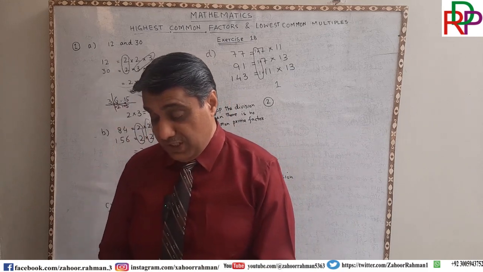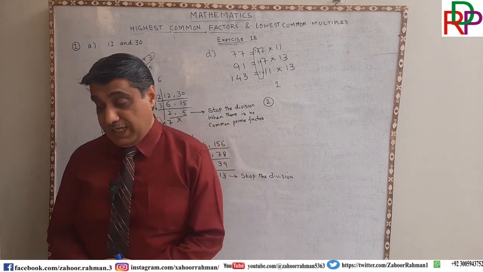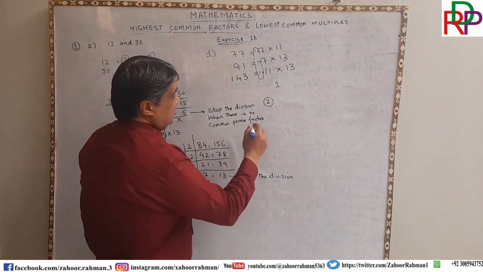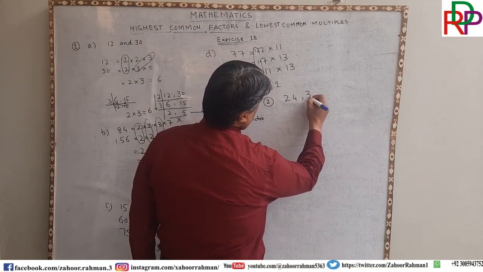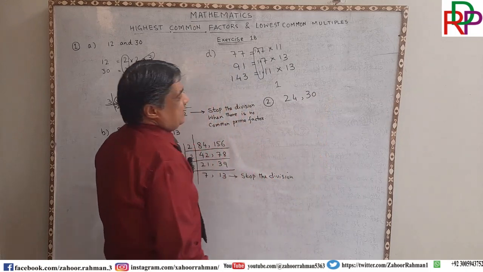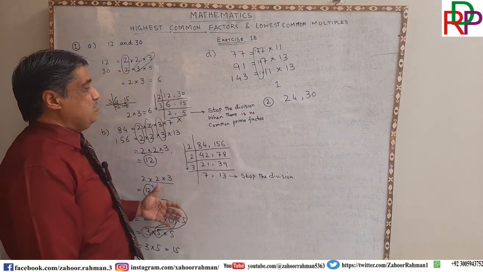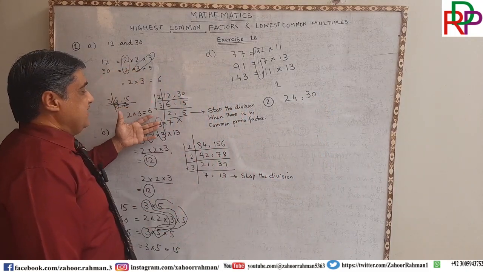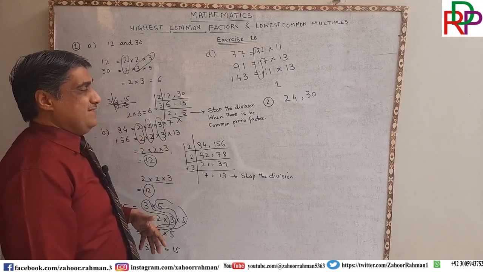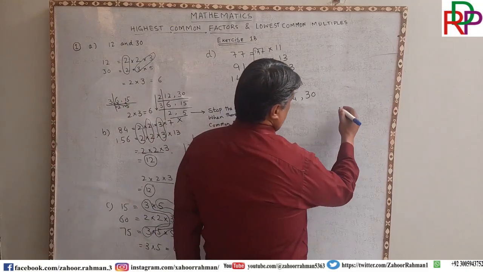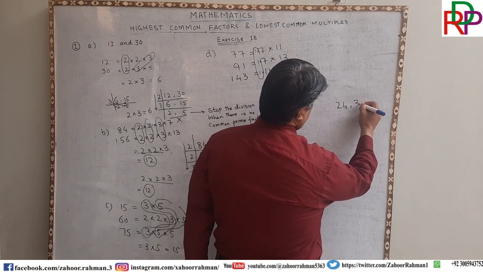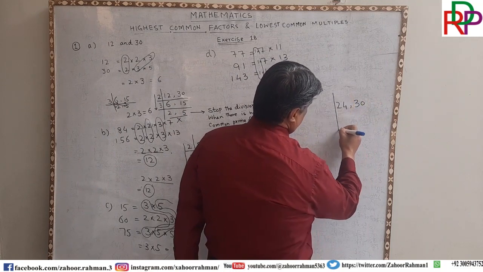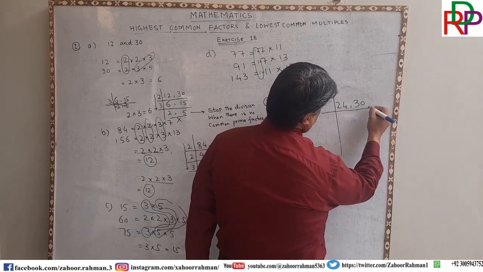The first one is 24 and 30. This is my advice, that you can use the listed method, but when you are finding the LCM, then use the division method.